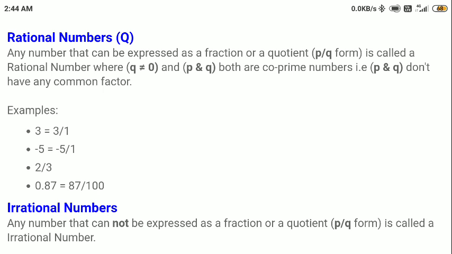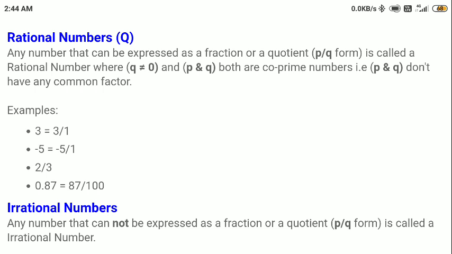Another example we can talk about is 2 by 3, which is also a rational number. 0.87: if we remove the decimal, there are two digits after the decimal, so we put 100 in the denominator. So 87 by 100 can also be called a rational number, because it can be written in the p by q form.